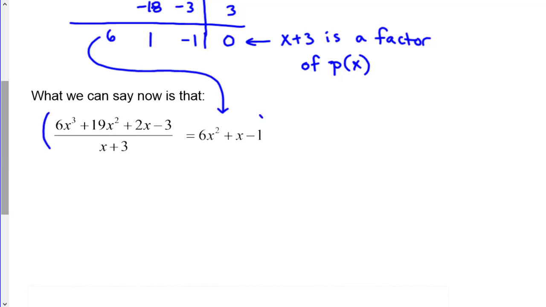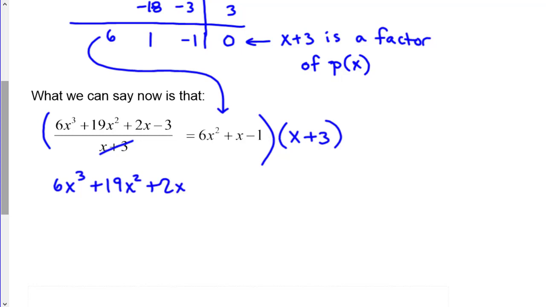What's more is if I multiply both sides of this equation by x plus 3, it cancels in the denominator here, leaving me with just 6x cubed plus 19x squared plus 2x minus 3. And then there's nothing to cancel on the other side, but I can write it as x plus 3 times 6x squared plus x minus 1.